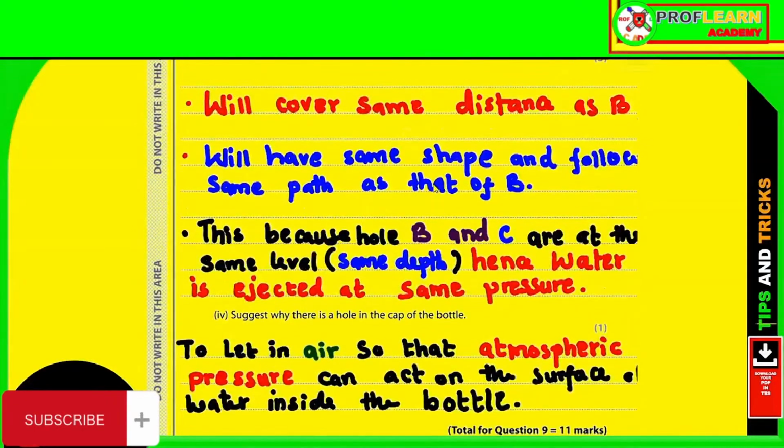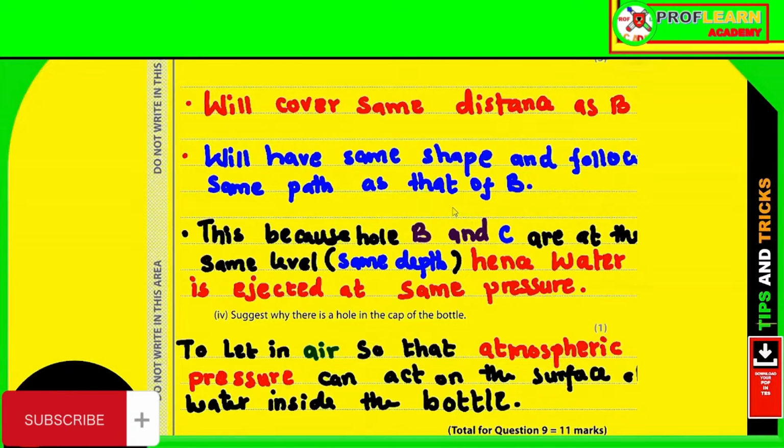So we're going to say it will cover the same distance as B, and will have the same shape and follow the same path as that of B. And why is that? This is because B and C are at the same level, same depth, hence they will have the same pressure. Then water will be ejected at the same pressure. And basically that's what we're going to talk about.